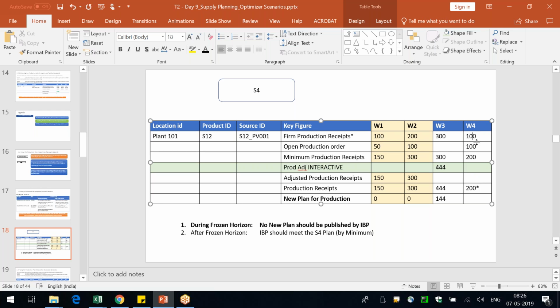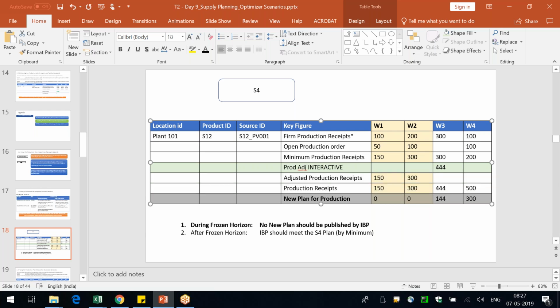S4 has already had 100, 200. There is no new net. But if the demand is high, if the optimizer thought that okay, I'll do a production of 500, so IBP said 500 is the plan. The S4 plan is 200. The net plan is 300. So this is what finally goes to the S4 system through another interface.